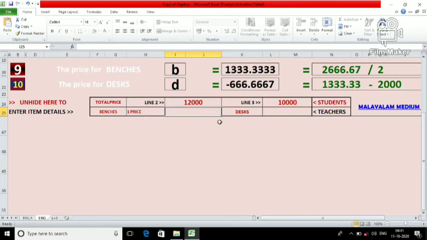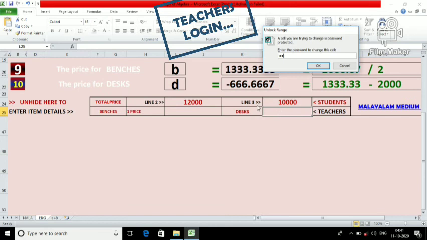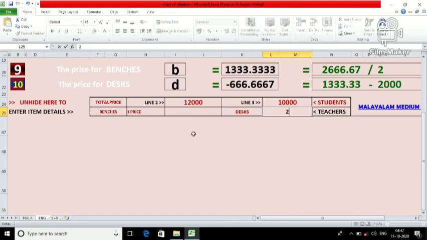Then they have to click here, and they can enter the prices here. Then they have to enter the password here. Then they can enter the prices here also, suppose 80.